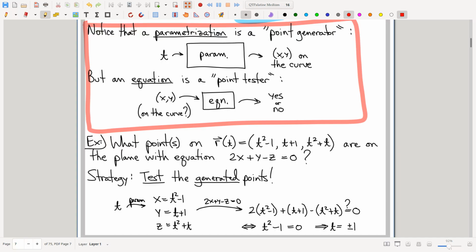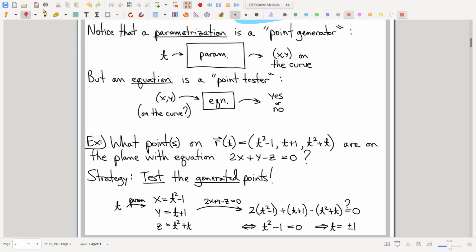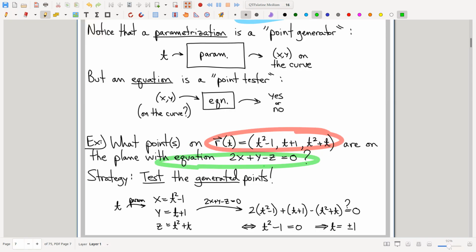Okay, so they relate to curves in different ways. And with that in mind, question comes up of, here is a parametric curve. Yikes, what a weird one. Oh man, that's going to be hard to understand what that looks like. How would I decide where that intersects this plane here?